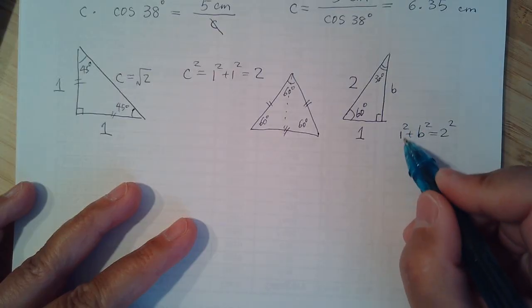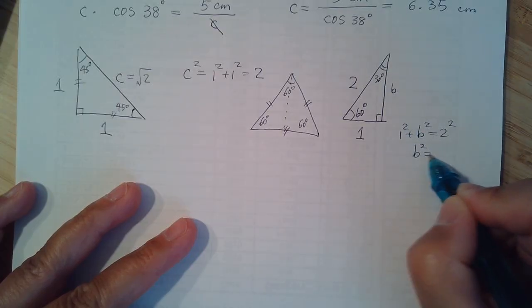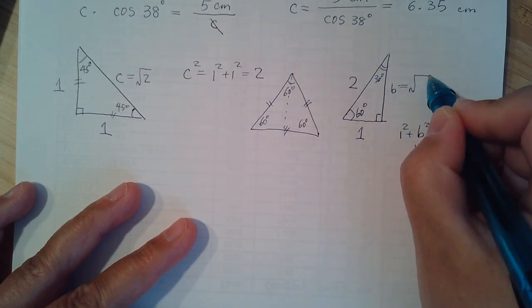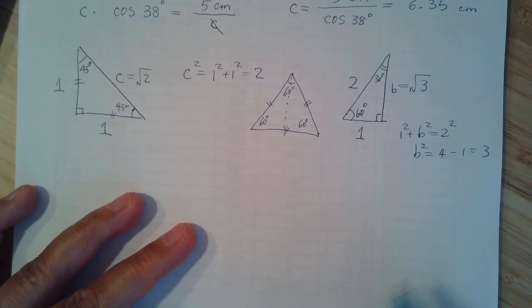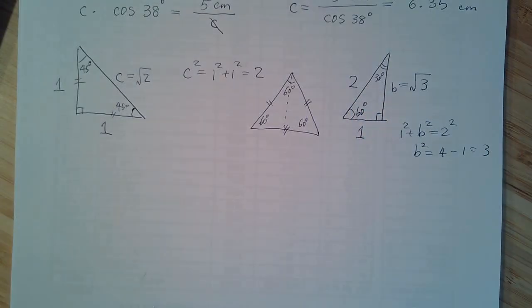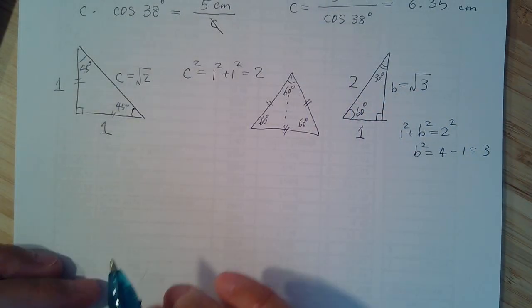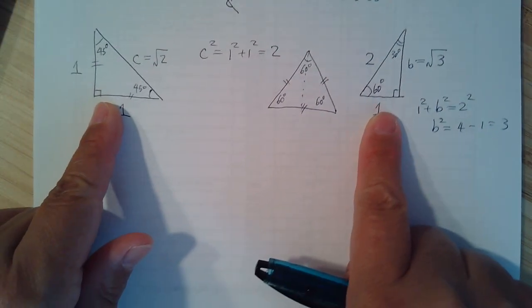Okay, so this is 1, subtract that, so my b squared will be 4 minus 1, which is 3. Therefore, this is going to be root 3. So 1, root 3, 2, that's another ratio for this 30, 60 degree right triangle. So those two are very, very special.